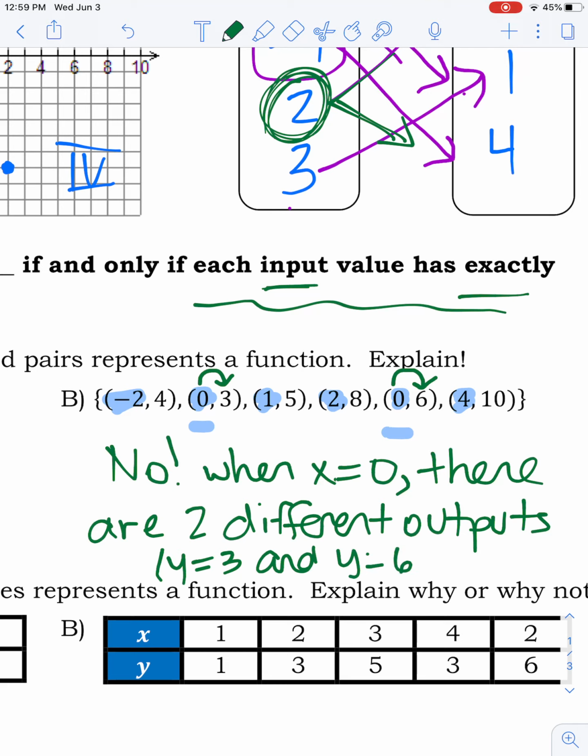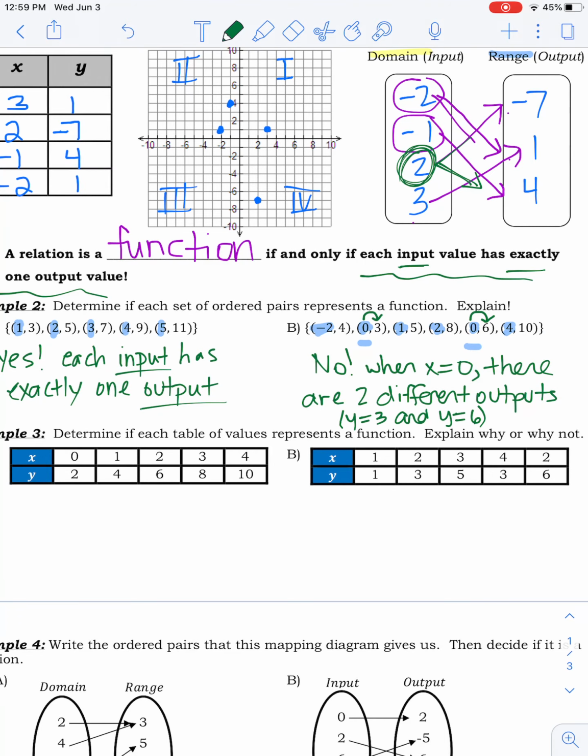So, you could have just said no because each input does not have exactly one output, or no, each x does not have exactly one y. I kind of specifically for this problem showed where the problem was. When x is 0, we have two different outputs, 3 and 6.